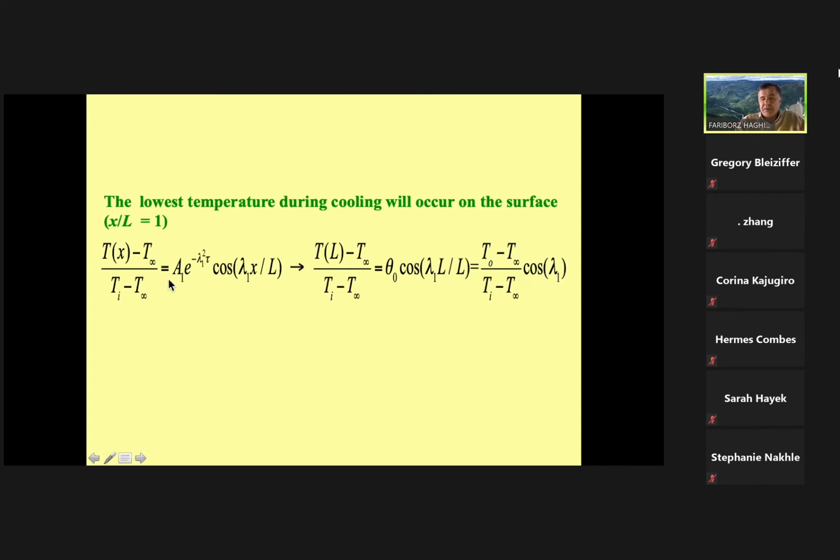If you use A1 that we used from the table, lambda 1 from the table, and the tau we calculated for the case x over L equal 1, it means at the surface. At x equals 0, it gives you the temperature at the center. Therefore, when x equals 0, this becomes 1. That gives you the temperature, okay?